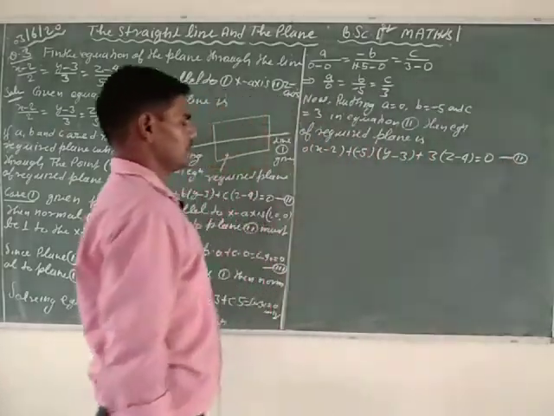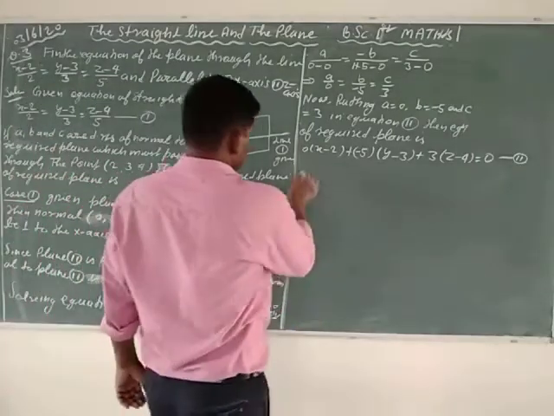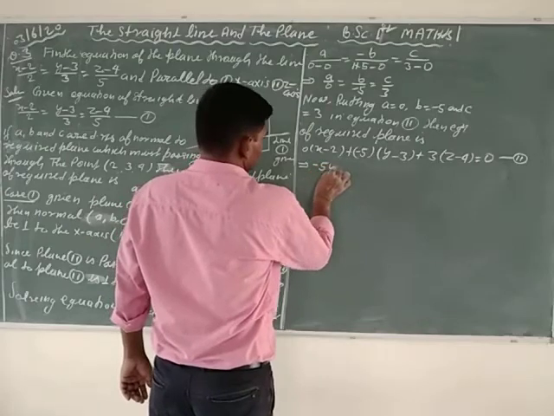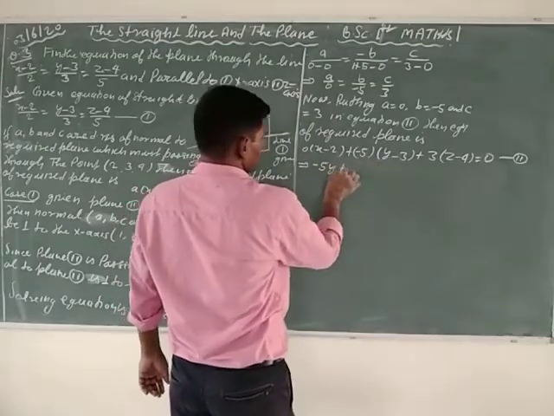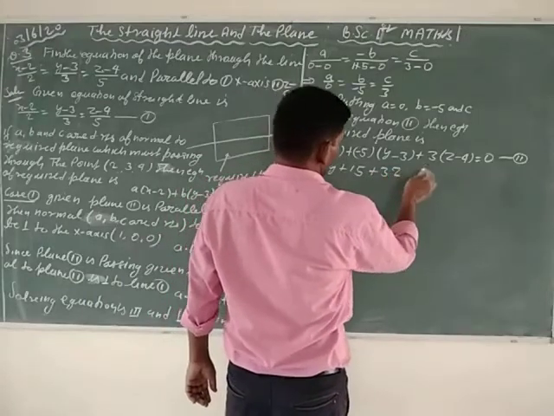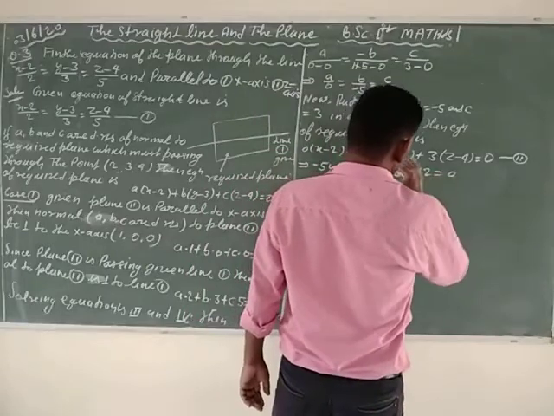In equation second, putting all the values of unknowns A, B, C and simplifying, this is equal to 0: minus 5y plus 15 plus 3z minus 12 is equal to 0.